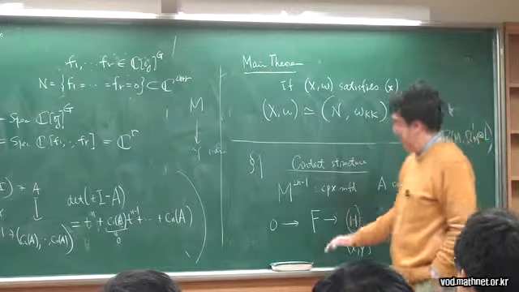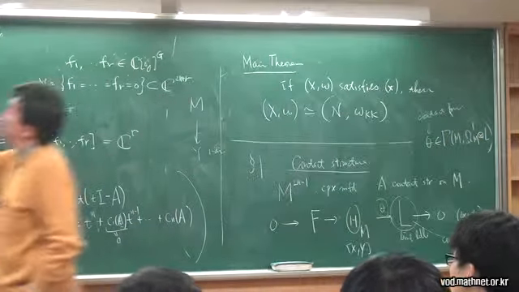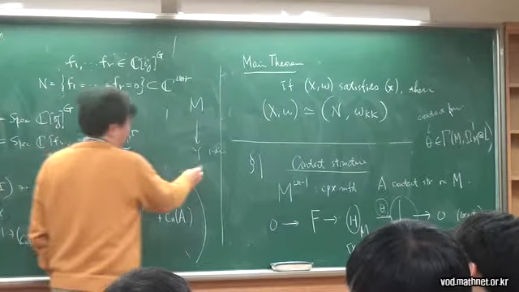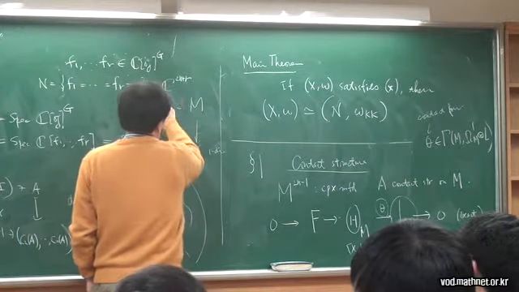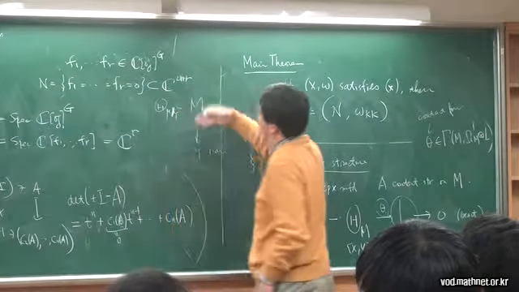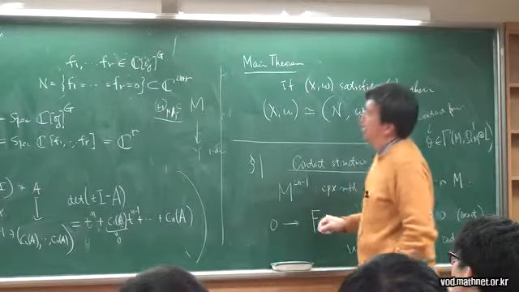But in such a case, this pairing should be 0, because the subbundle corresponding to the fiber is integrable.